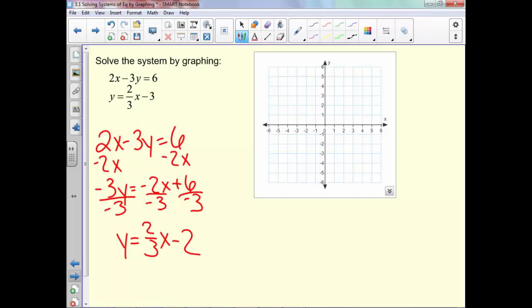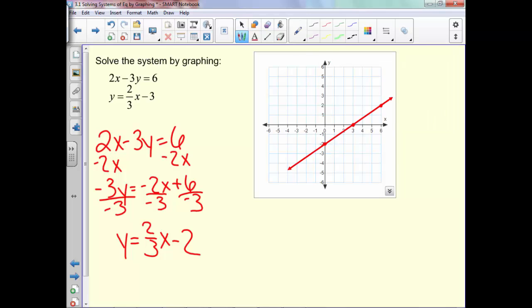And now we'll graph this line. So we've got our first line.